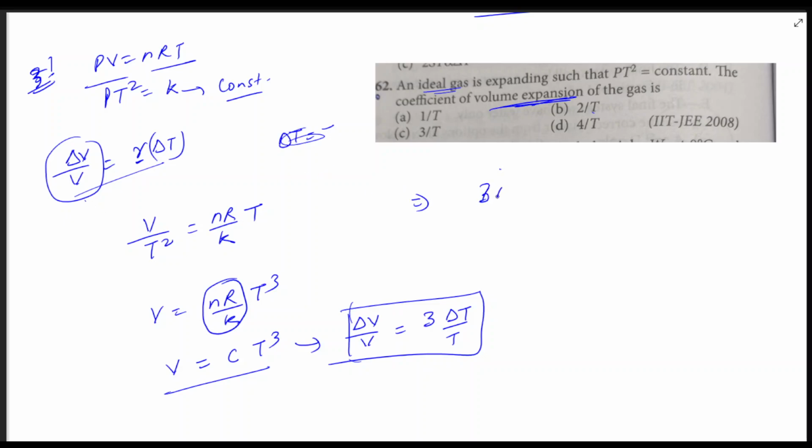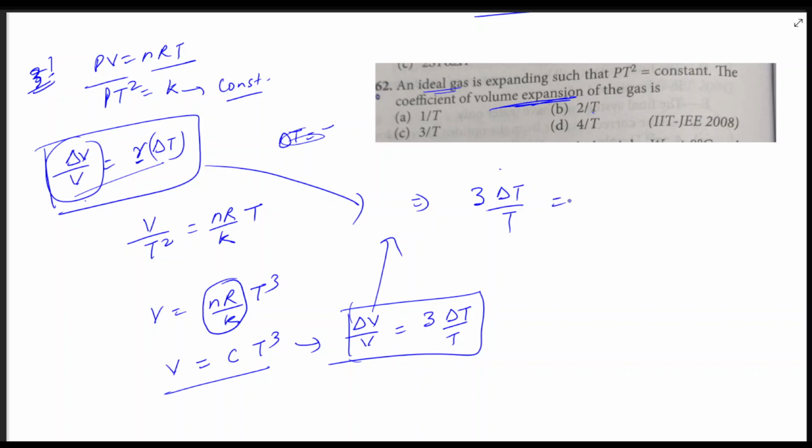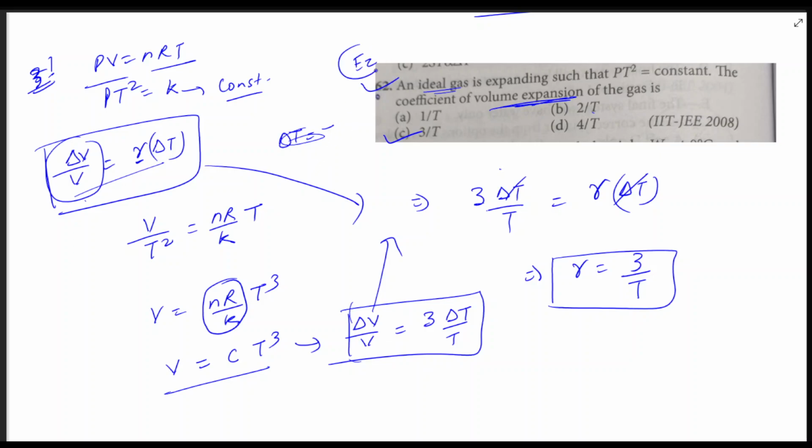We'll get 3 delta T by T. So 3 delta T by T will be equal to gamma delta T. Delta T will cancel, so we'll have gamma equal to 3 by T. So this is quite interesting. Option C will be the answer. It's easy, but quite interesting. You have to think like this.